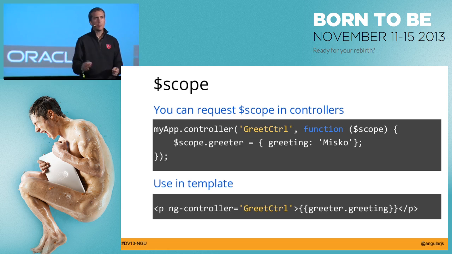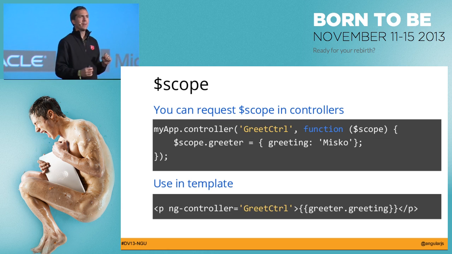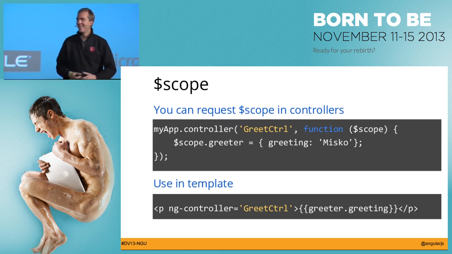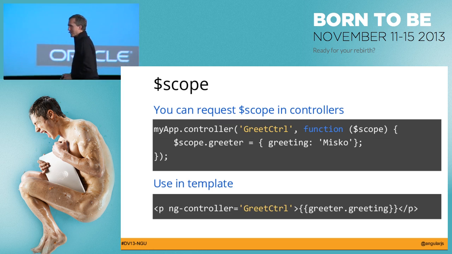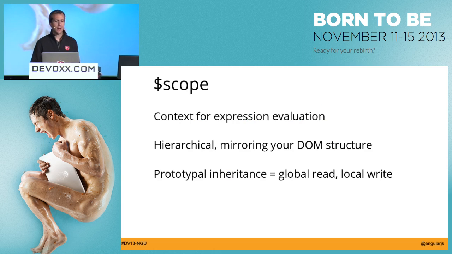The ones that Angular provides are prefixed with this $. So if you see something with the $ in front of it in an example, you know that's actually something that the Angular framework itself gives you. We recommend that you actually don't put $ in front of your own code so that you can keep them separate in your mind. And then to use it in the template, instead of saying greet controller as something else, you just say greet controller.